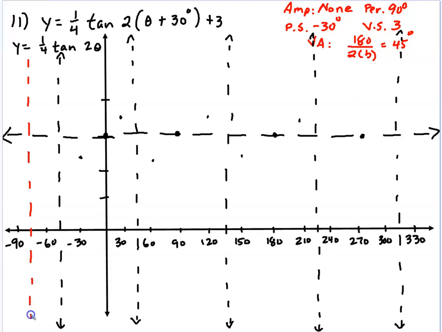And once I move them, I'll erase them so they won't get too confusing. So that moved left 30 degrees. This is at 45, so when I move it 30, it puts it about right here, right in between.